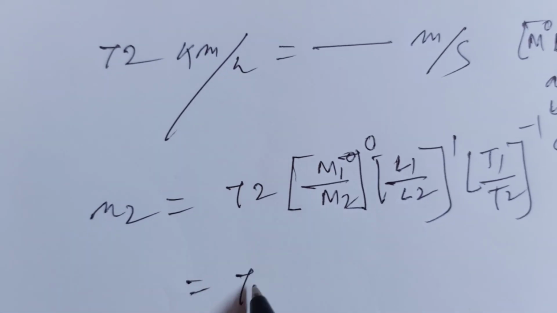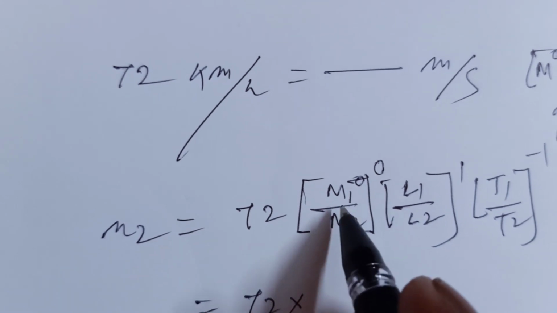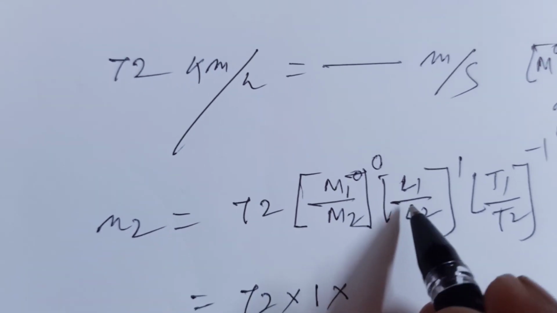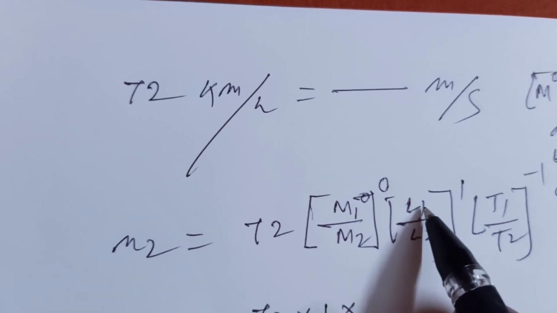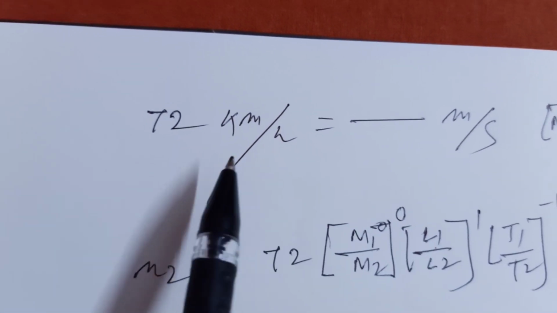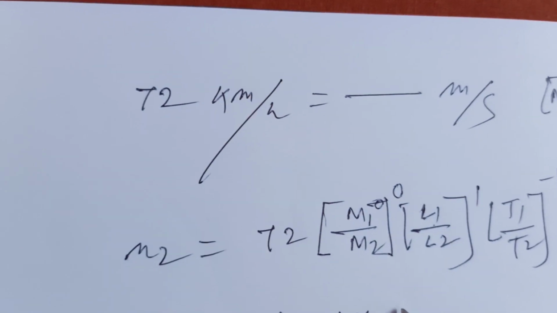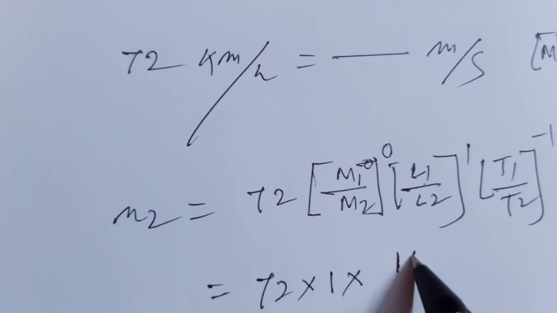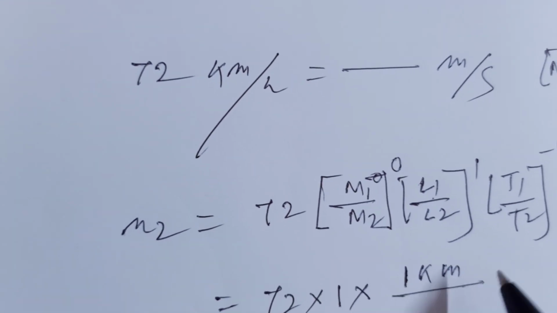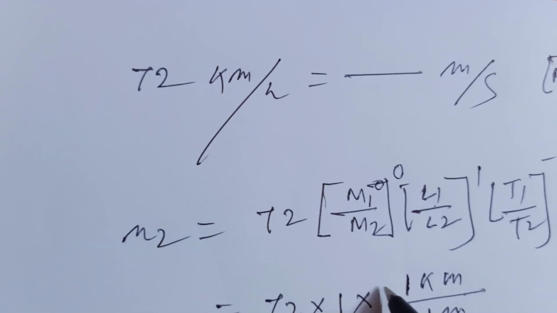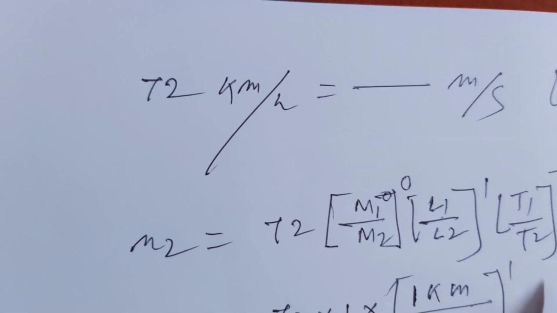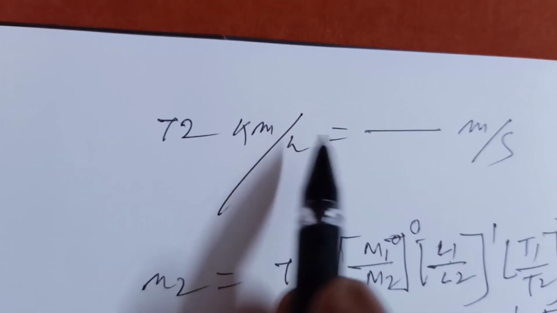So 72 into 1, and L1 length. Length in that particular system is kilometer. So 1 kilometer, and for L2 it is meter, divided by 1 meter whole to the power of 1, and time here is hour.